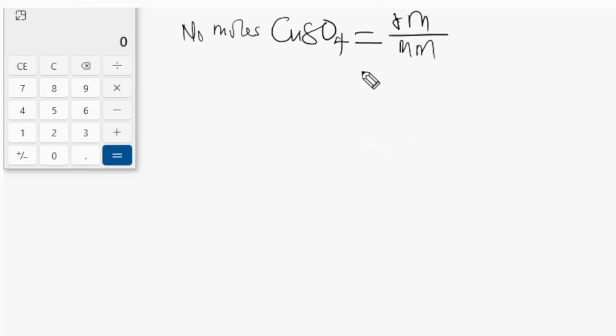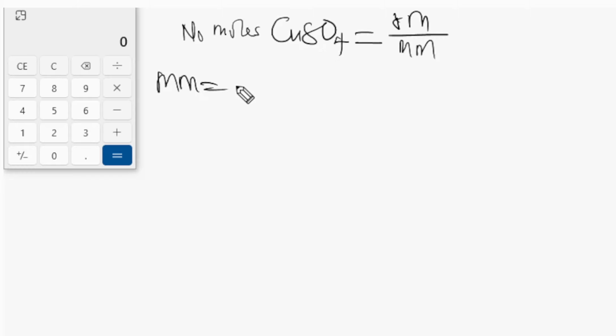So guys, the reactant mass is the mass given to us in the question, and then the molecular mass is the one we have to calculate from the atomic masses given to us. So using the atomic masses given to us, let's calculate the molecular mass.